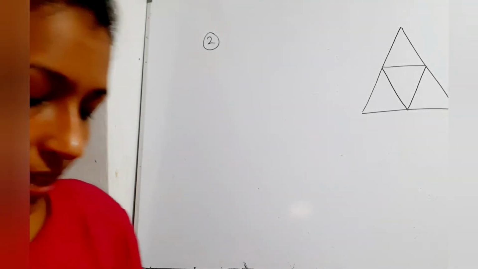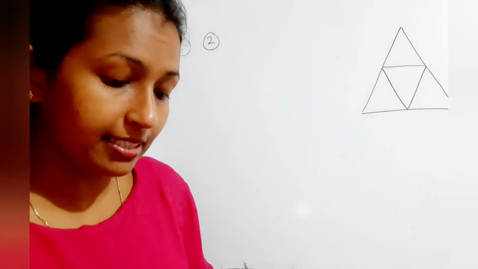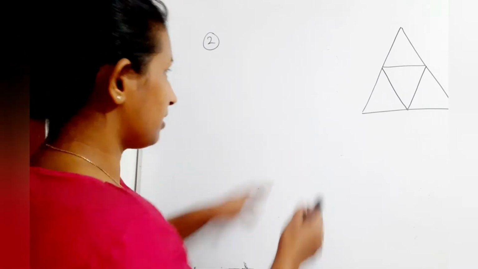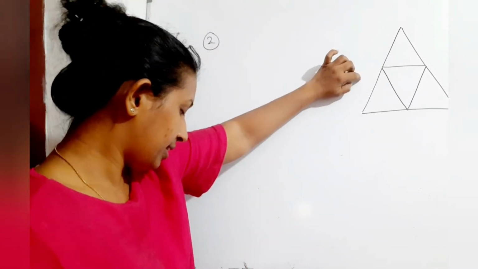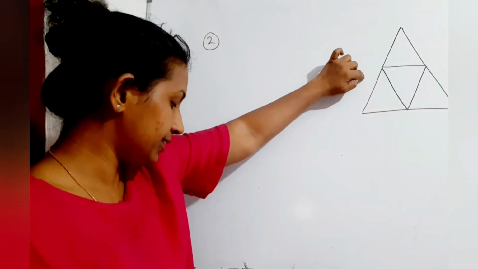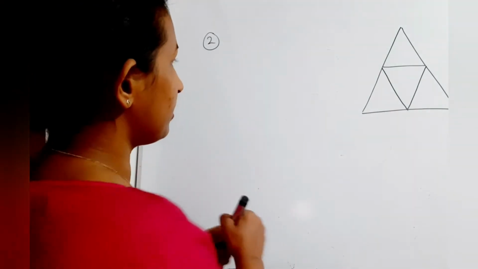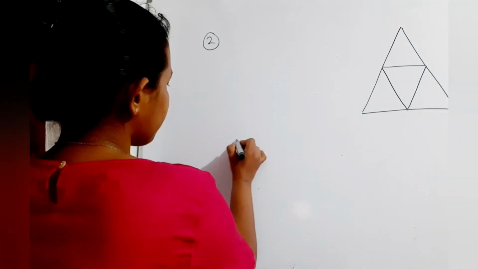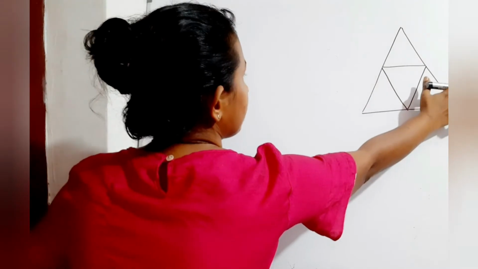Now the fifth part. Draw another different net to make the solid B. Yes, solid B is this one. Then you have to draw another different net to make the solid. Then you can draw like this. This triangle I take here.